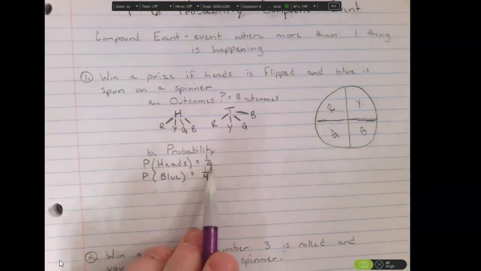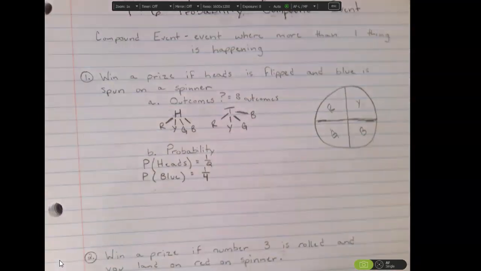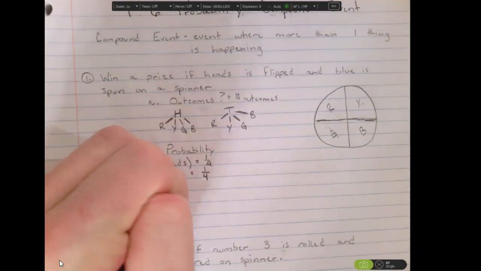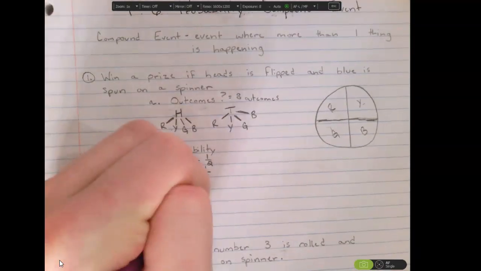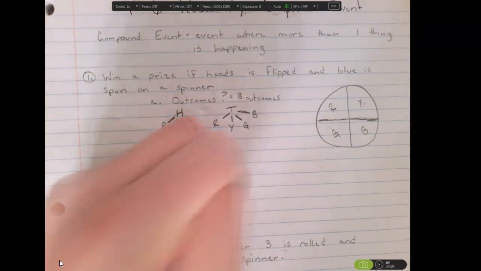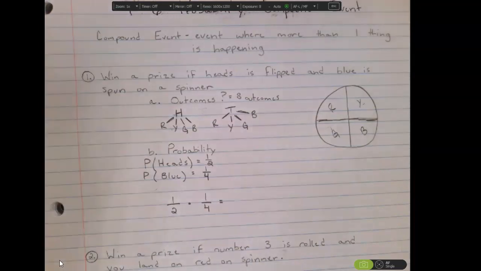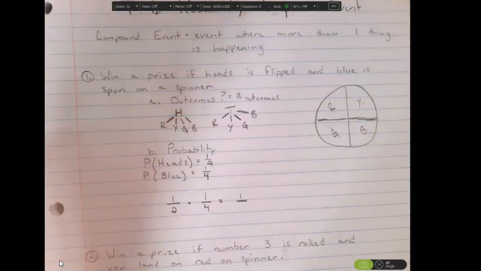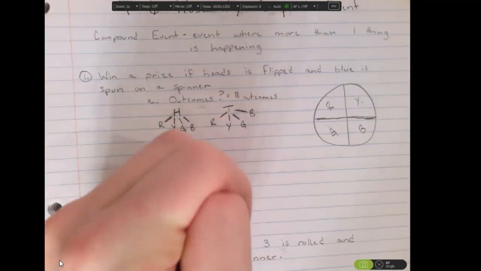Heads or tails, that's 2 options, and heads is just one of them. What I'm going to do from here, guys, is take my fractions and multiply them. So I'm taking 1/2 times 1/4. When I multiply these out, remember with fractions you multiply straight across, I'm going to get 1/8.